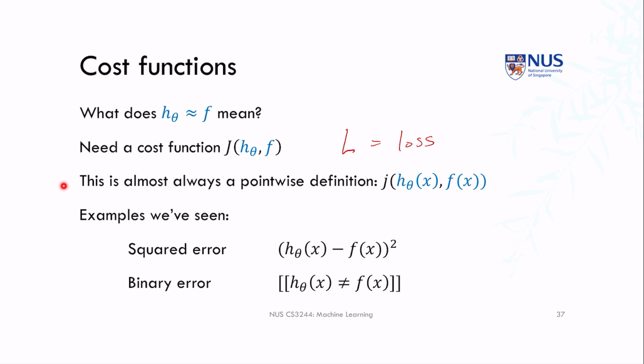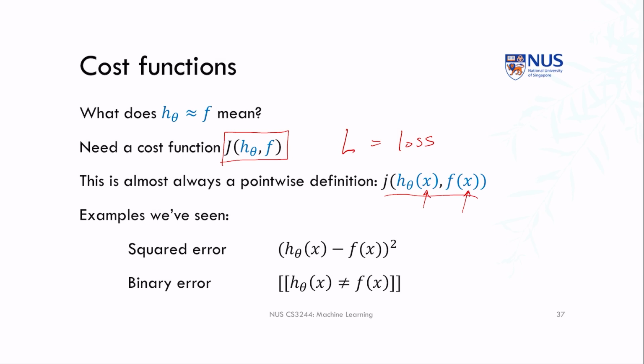For the scope of all of our lectures in this introductory machine learning course, this will be the case. Which means instead of thinking of this large cost function J, we're going to think about a cost or a loss for an individual instance, a particular data instance, X, and the actual value of that through the target function.